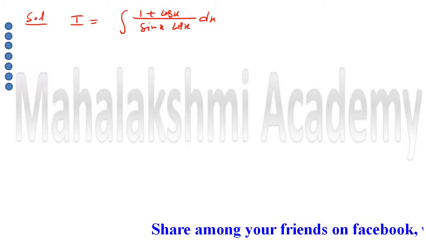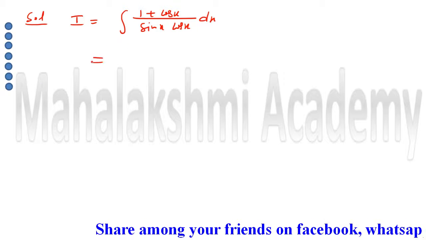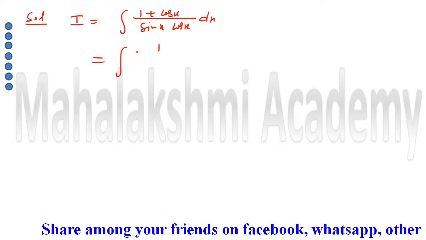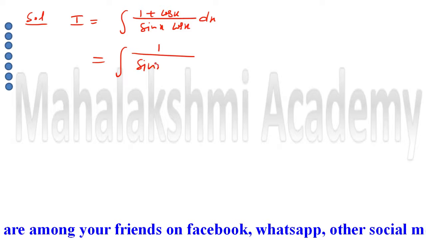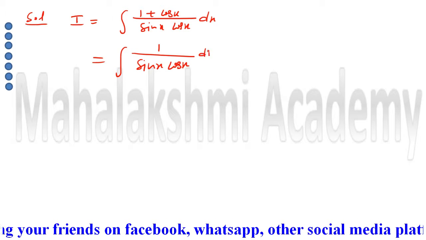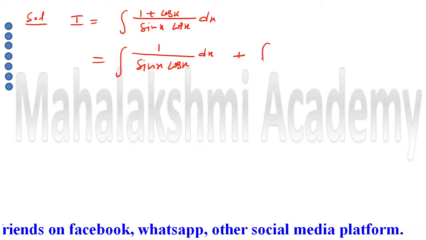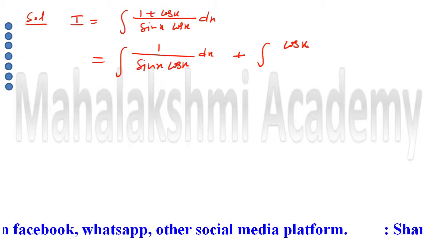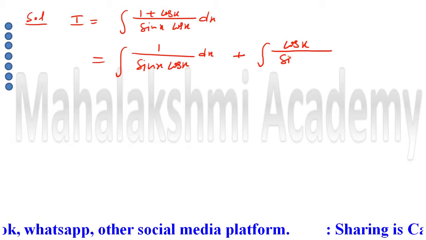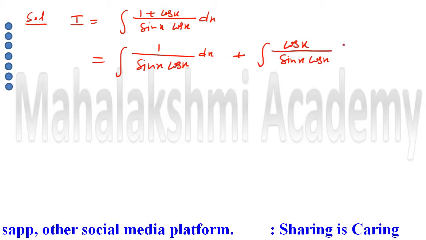Now here we have to separate the numerator. So we will get integration of 1 upon sin x cos x dx plus integration of cos x upon sin x cos x dx.